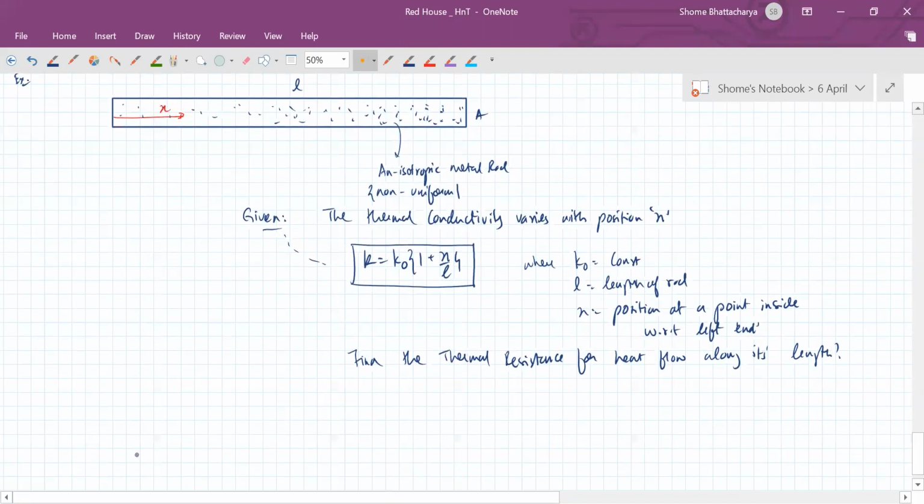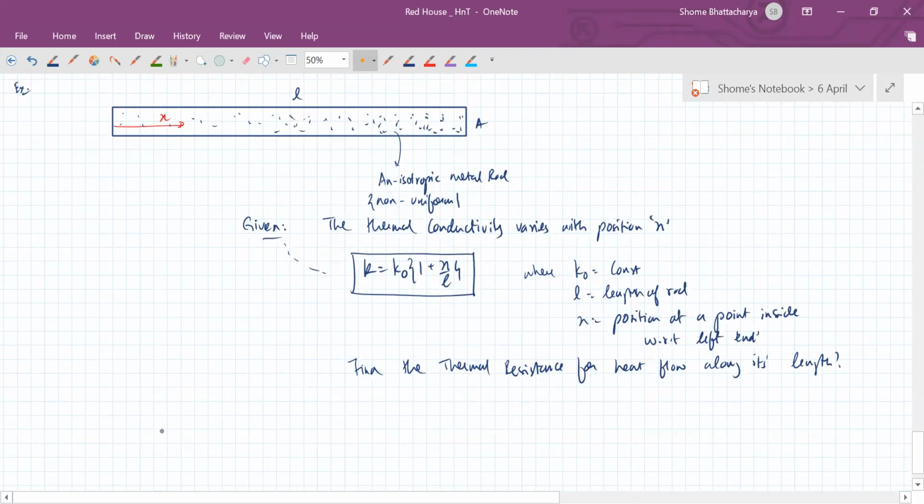Okay. So the thing is that here we cannot use the formula that thermal resistance is equal to L upon Ka. We can't use this because K is non-uniform.